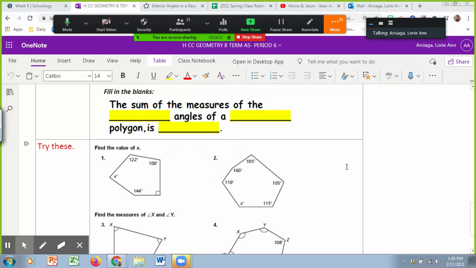All right. So for number 2, what kind of polygon do you see? Tell me how many sides. Start counting. 1, 2, 3, 4, 5, 6.